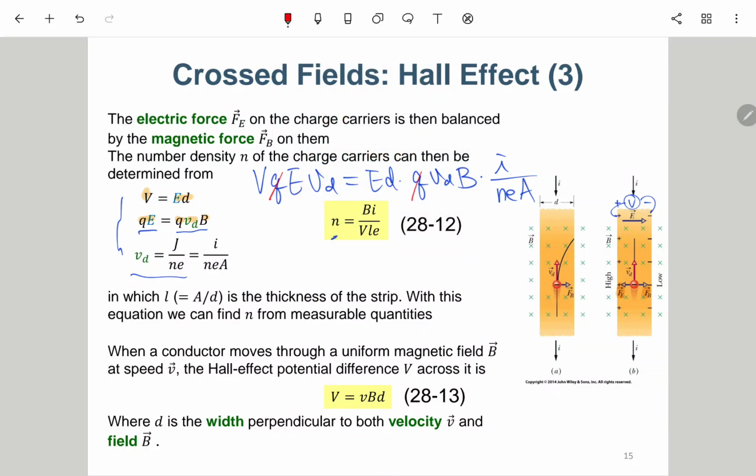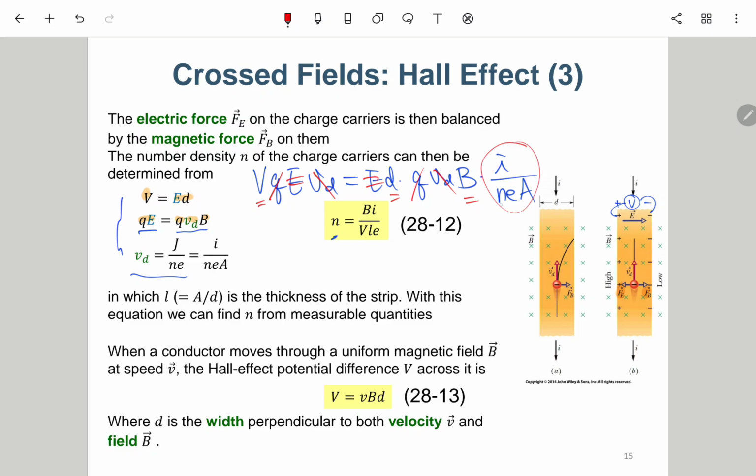So this Q and this Q can be cancelled. This Vd and this Vd can be cancelled. This E and this E can be cancelled. Okay, so on the left side, we only have this V remaining. And then on the right side, we still have this d, this B, and then this big thing.